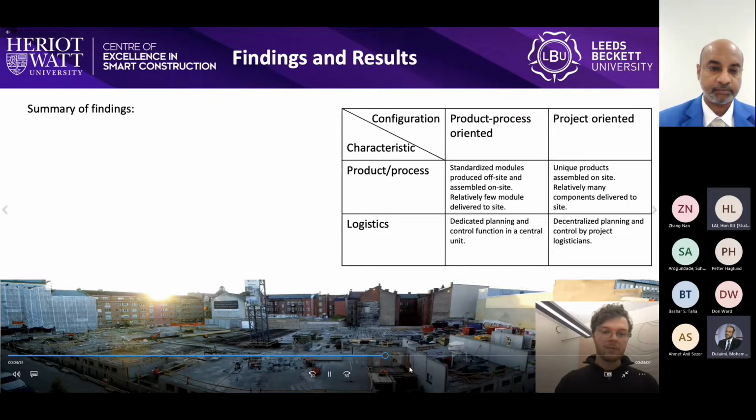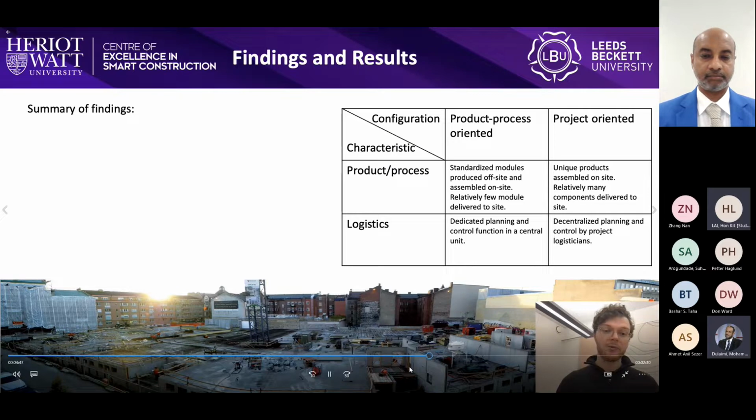So based on the conceptual model, two ideal profiles or ideal configurations were identified that are positioned at the extremes of a spectrum. The first one here is the process-oriented configuration, which resembles the industrialized house builder. They typically produce volume modules in an offsite factory, and then assemble them on the site.